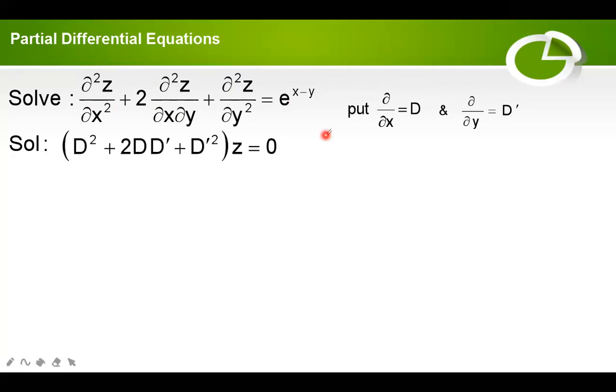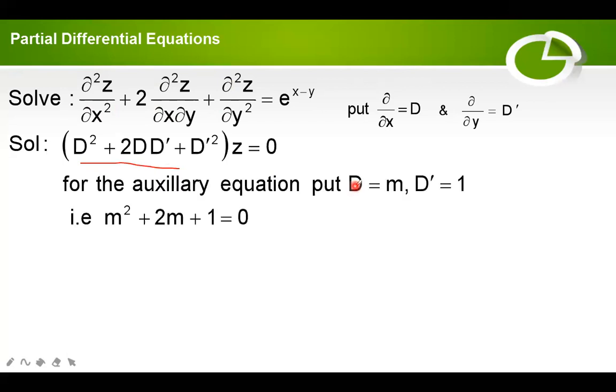Now for the complementary function we equate this to 0, and put D equal to m and D dash equal to 1 for the auxiliary equation and find the roots. Therefore the roots are m equal to minus 1 and minus 1. If the roots are repeated, how do we find CF?